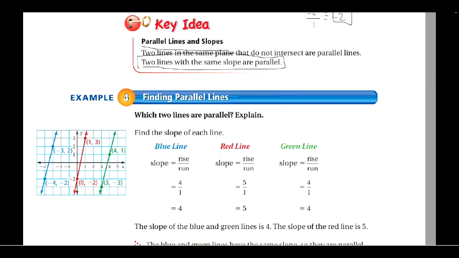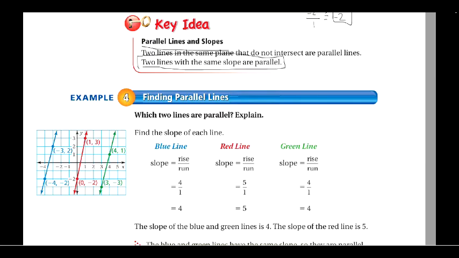Now, using that idea, we can ask ourselves, which of these 2 lines are parallel? On the left here, you see the blue line, the red line, and the green line. So for each one, what the book did is they got their rise over their run. The blue line, it rises 4 units and runs 1 unit. The red line rises 5 units and runs 1 unit.